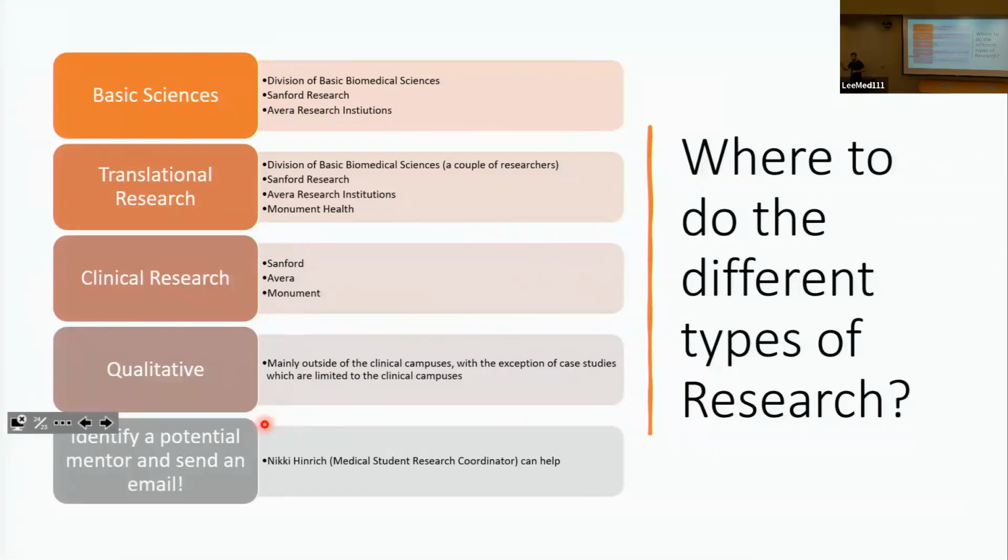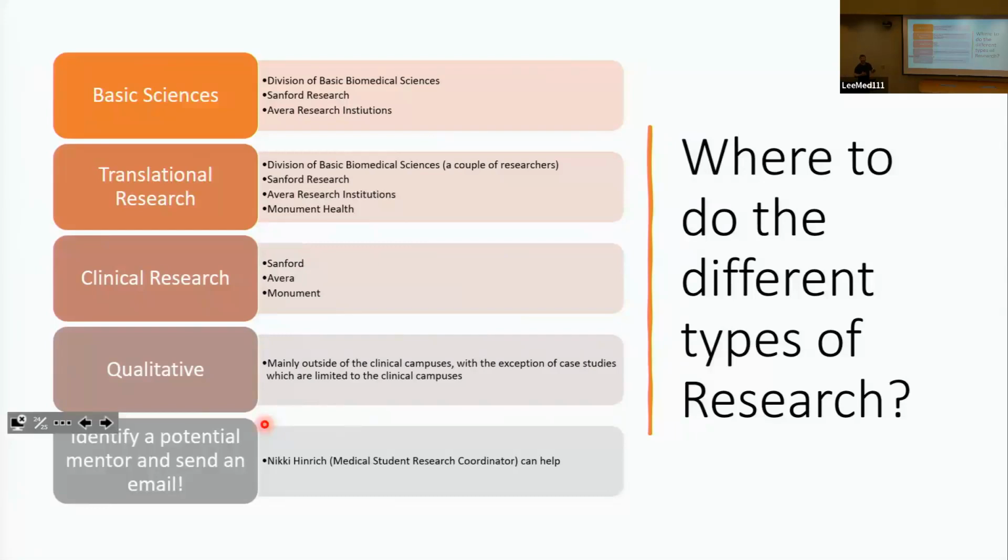Qualitative research, if you were listening to those descriptions and thought, yeah, that's really the thing that I want to do, I'm not interested in basic science or clinical research, I'm more interested in qualitative research. Perhaps you want to look at education research. Well, a lot of that is going on outside of our clinical campuses. So the primary exception to that, of course, are case studies. So if you're interested in case studies, this is going to be likely done in collaboration with one of the clinical campuses.